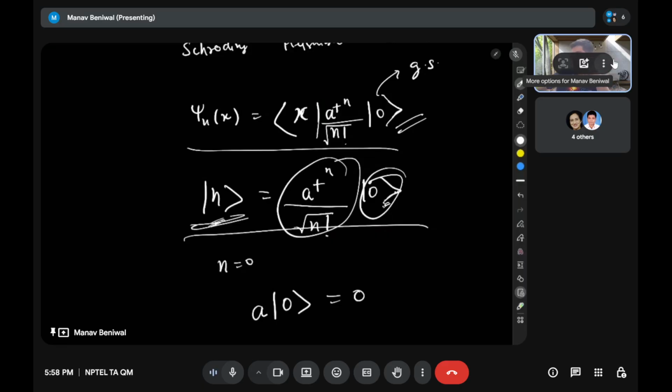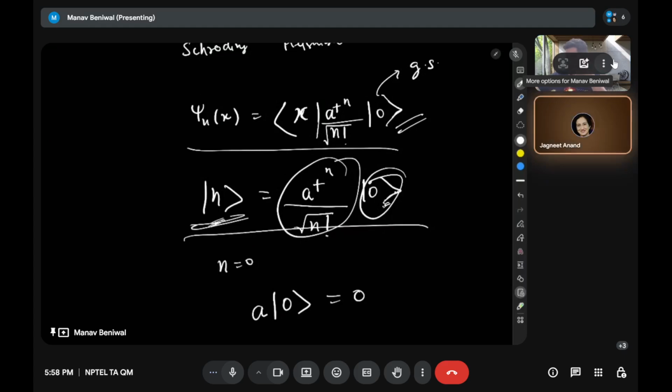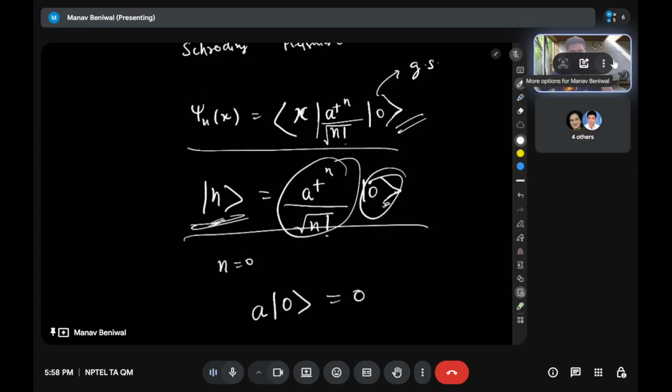The problem is, if you don't consider the raising and lowering operators, then finding the higher order wave functions for a harmonic oscillator problem is very non-trivial, right? You have to consider Bessel functions or Hermite polynomials or something. But finding the ground state wave function is trivial, you can do that very easily.